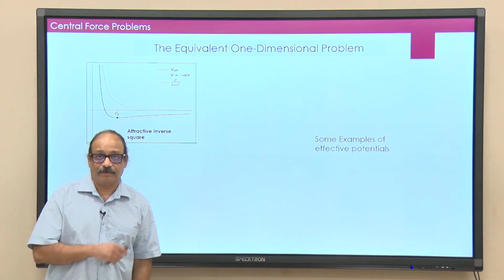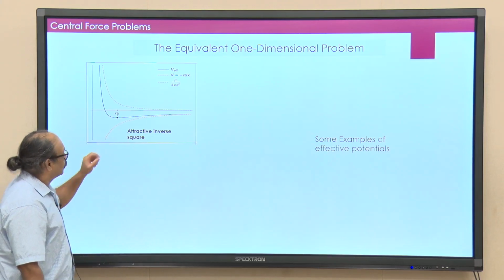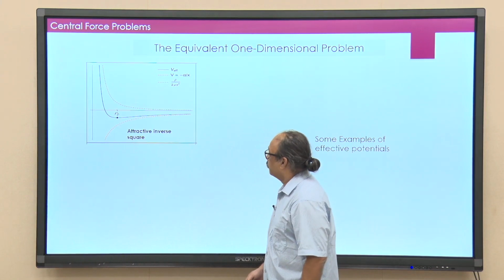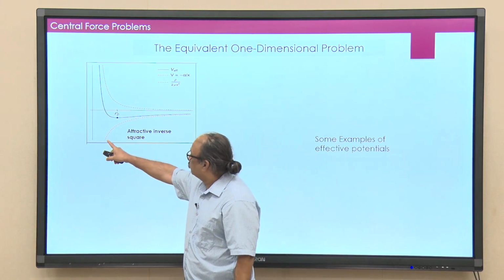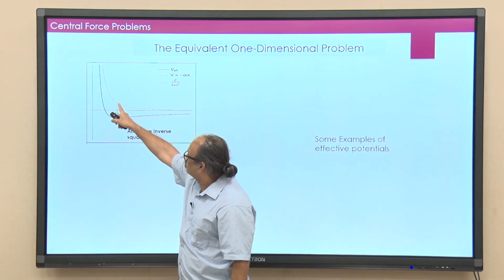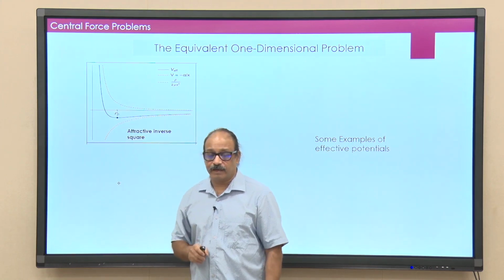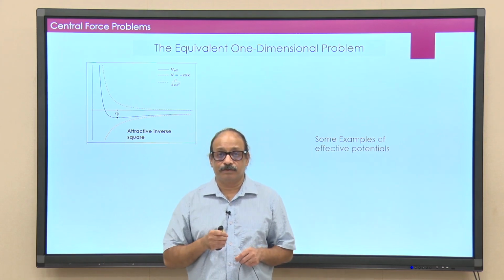So, now what we have is the sum of these two will be our V effective potential, and I can easily explain this. Remember, this goes as 1 over r, this goes as 1 over r square, the green curve. Once it goes as 1 over r square, what happens when r goes to 0?